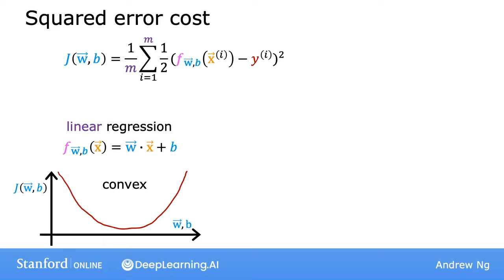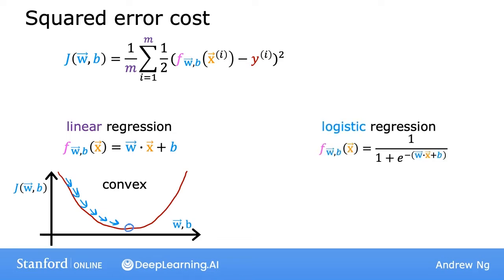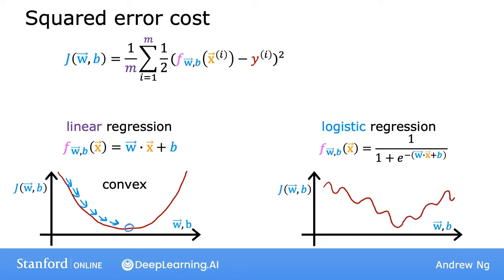And so gradient descent will look like this, where you take one step, one step, one step, and so on to converge at the global minimum. Now, you could try to use the same cost function for logistic regression, but it turns out that if I were to write f of x equals 1 over 1 plus e to the negative (w dot x plus b), and plot the cost function using this value of f of x, then the cost will look like this.